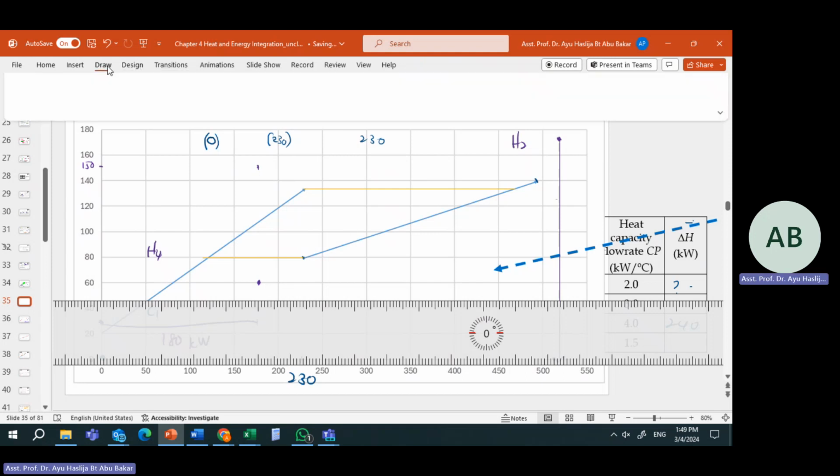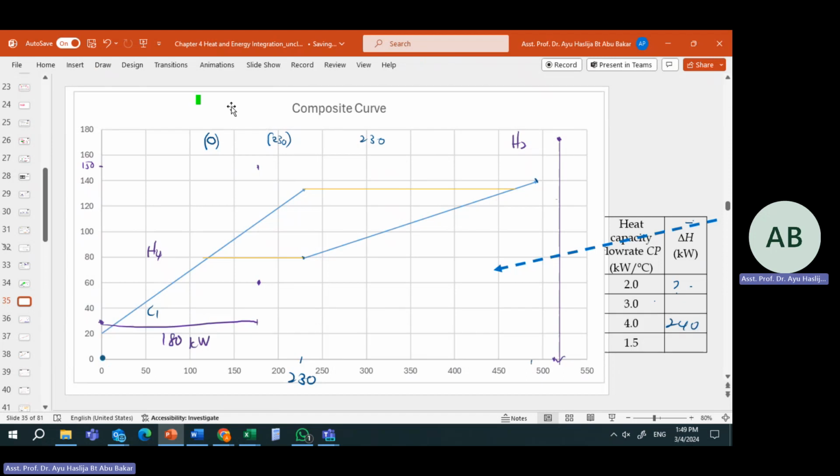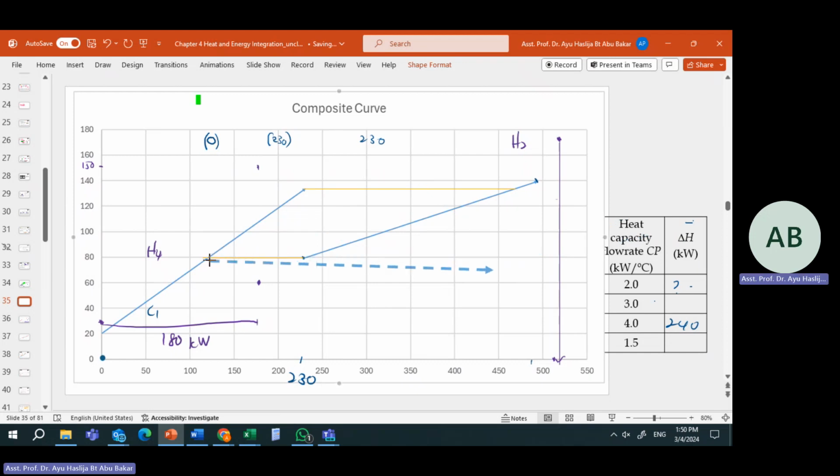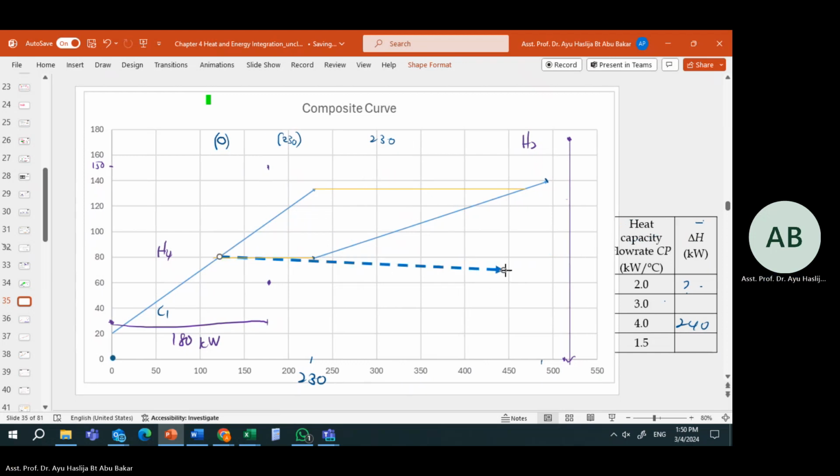Then drag the point. Here between the yellow line. Then drag from this point to that point.